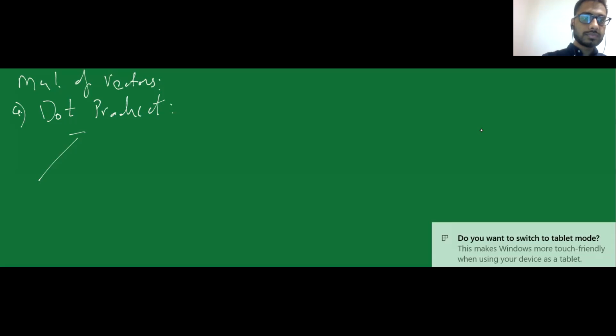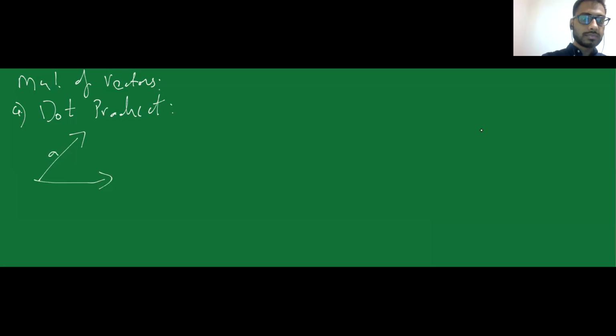Consider two vectors A bar and B bar, and there is an angle, say suppose theta, which is formed between these two vectors. Then I can say that A bar dot B bar is nothing but magnitude of A into magnitude of B into cos of theta.